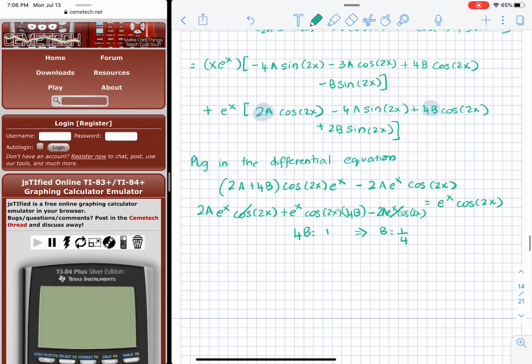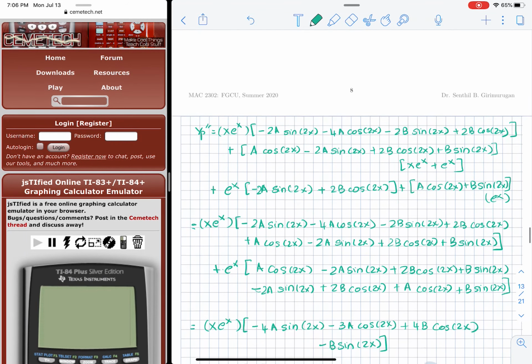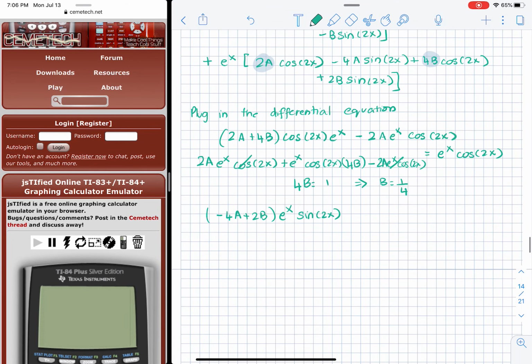If you look at the sine 2x terms, and if we combine it, we will have minus 4a plus 2b times e raised x sine 2x. And in the first derivative, we have minus 2b e raised x sine 2x. And that must equal e raised x cosine 2x.